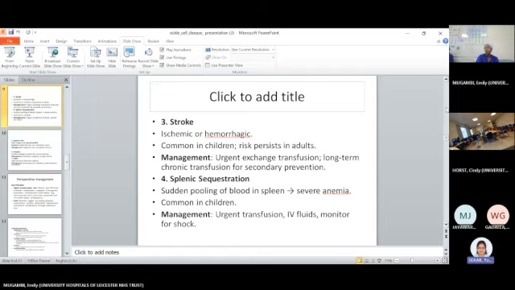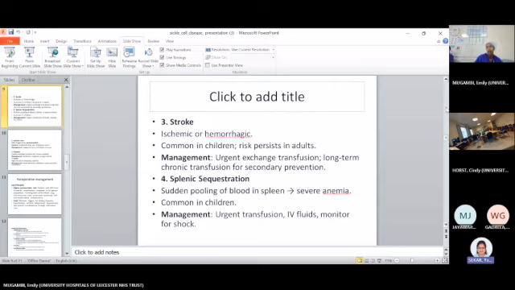For patients who are coming in with stroke, the treatment is exchange transfusion, and then they end up on long-term chronic transfusion for prevention.